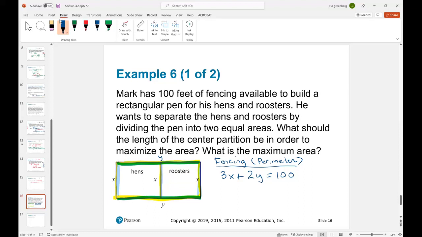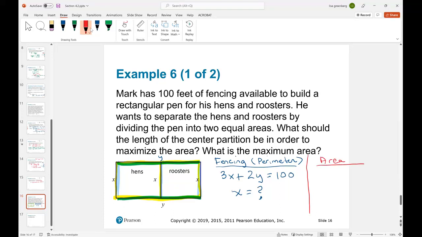So let's see. Basically they're asking us, what is the length of the center partition? So I want to know X equals what? Really, that's my question. In order to maximize area, we're not really concerned about this. What we want to do is maximize the area.